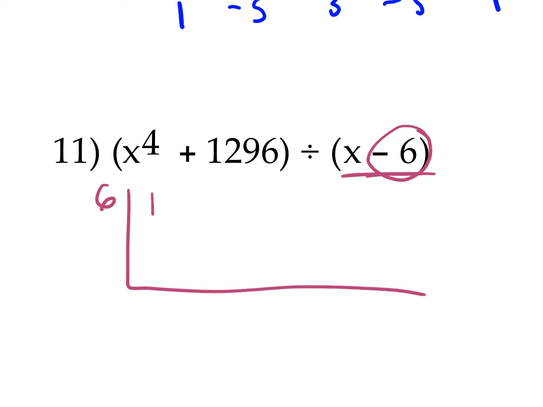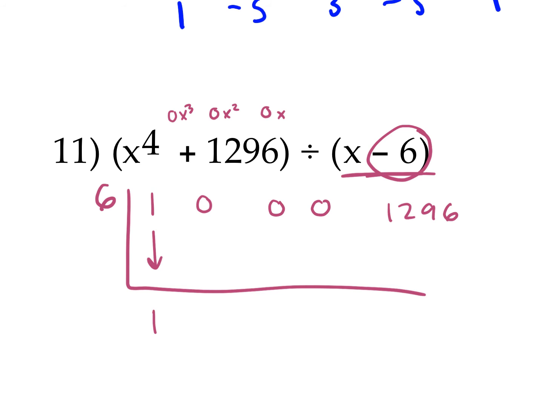What goes inside of our box? 1, 0, 0, 0, 1296. Because we have to put a 0x cubed, 0x squared, 0x, and then our constant. So drop down the 1.